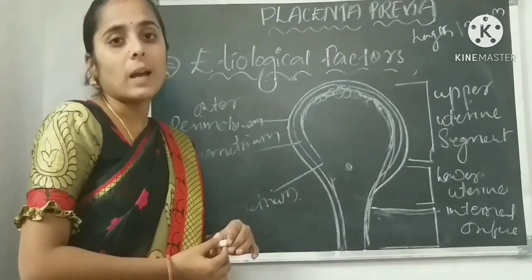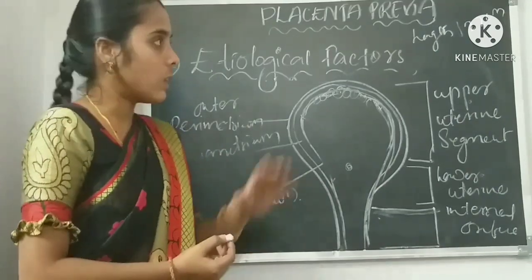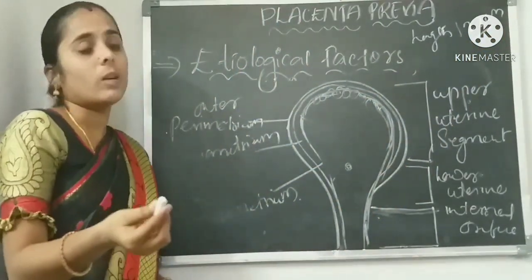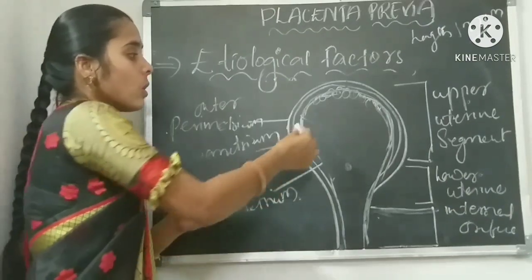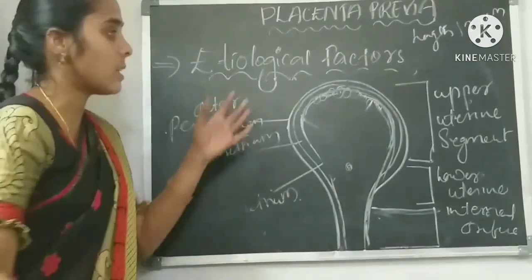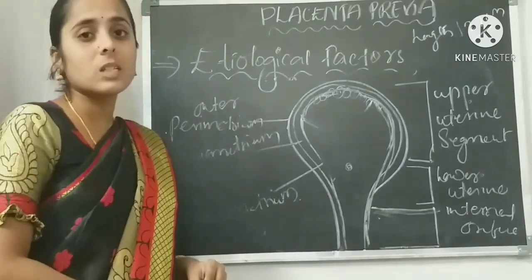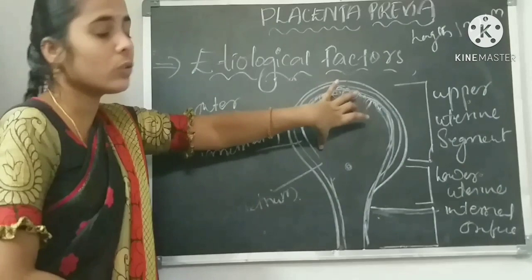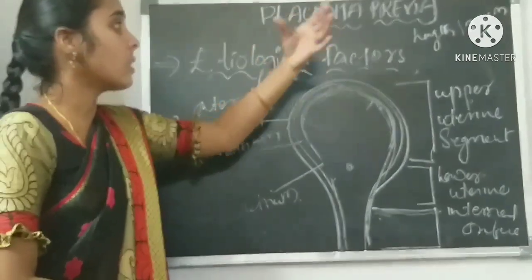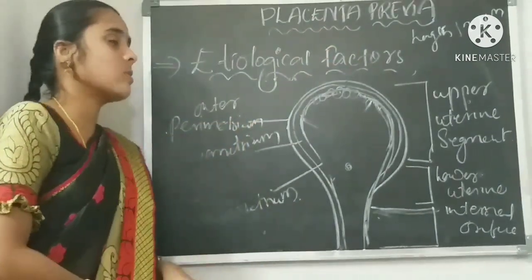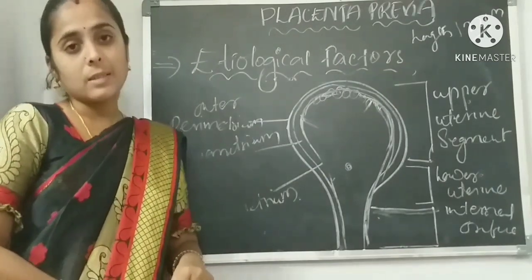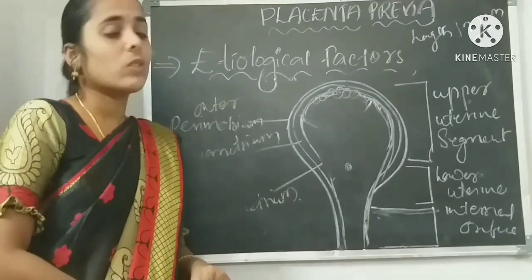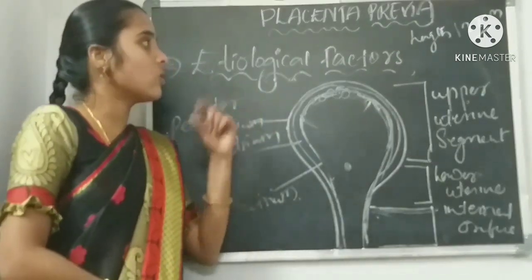If the length of the placenta is more than the usual 22 centimeter, it leads to placenta previa, because the space of the uterus is not sufficient for the placenta to fit inside. Next is abnormal formation of the placenta in its shape and structure, which is also a cause of placenta previa. I hope you understood the etiological factors.